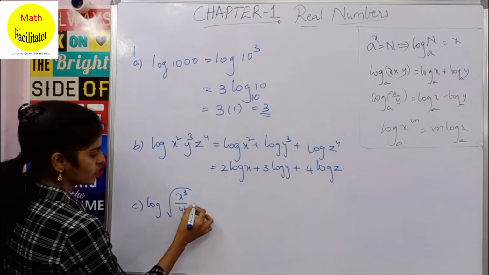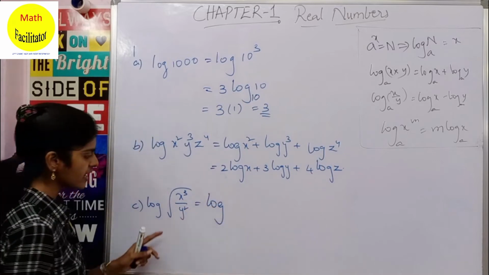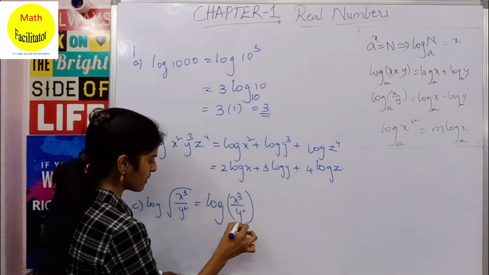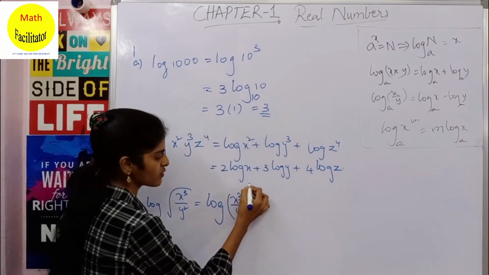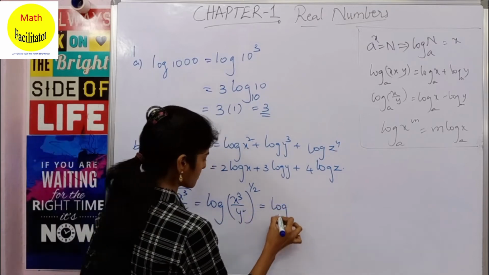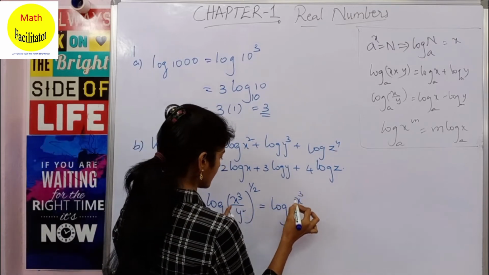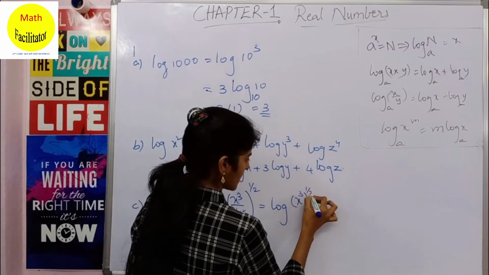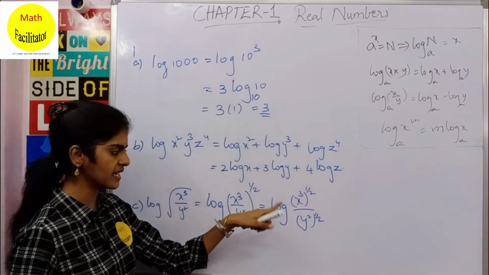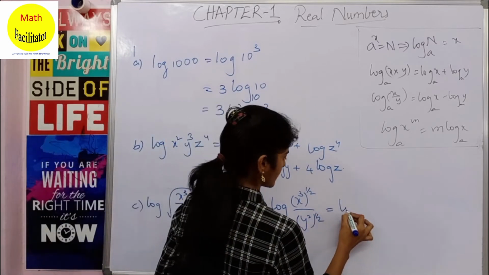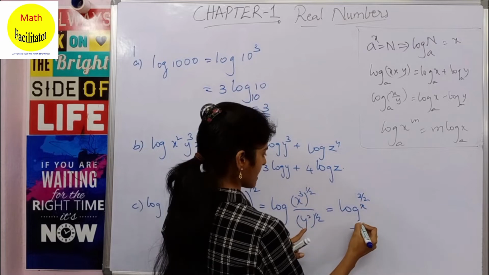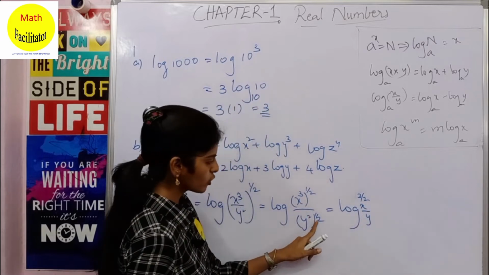Clear? Now look here, it is log of the square root of x cube by y square. Now this is whole power, square root you can write as 1 by 2. So this is nothing but log x cube to the power 1 by 2 by y square to the power 1 by 2. I am separating the exponents. So this is nothing but log, now this is x power 3 by 2, divided by y power 2 by 2 is 1.